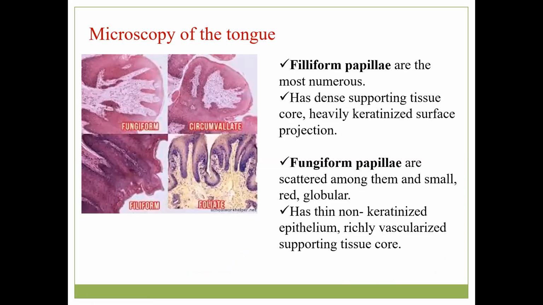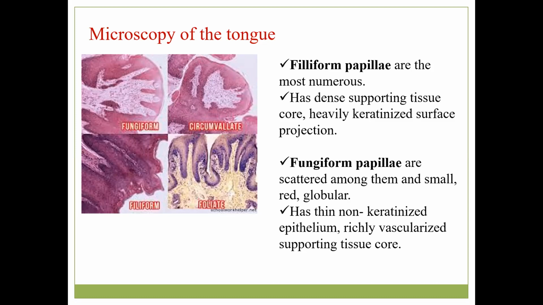So, when we talk about the microscopy of the tongue, we have to know about the papillae. There are 4 types of papillae: fungiform, filiform, circumvallate, and foliate. In humans, you can see three types of papillae.